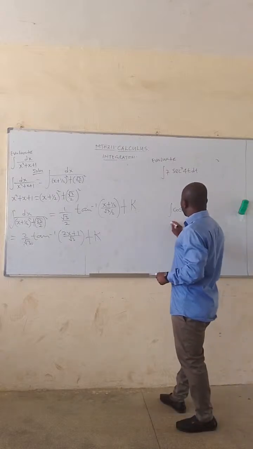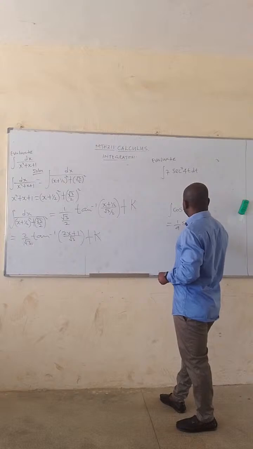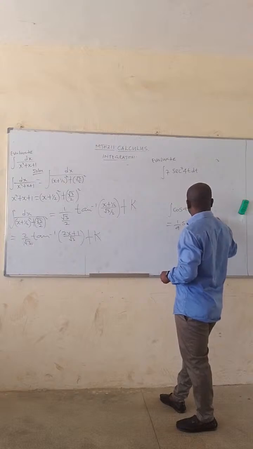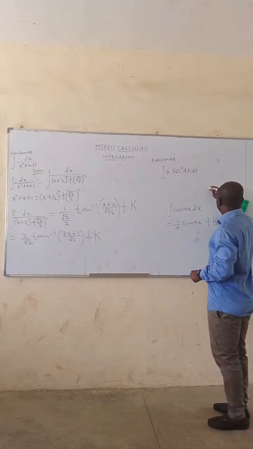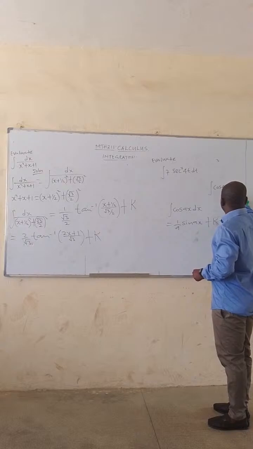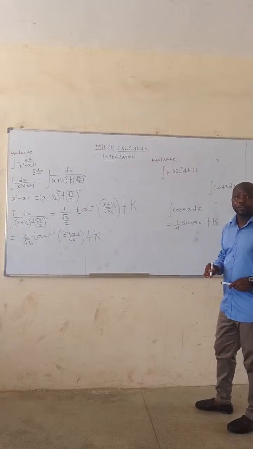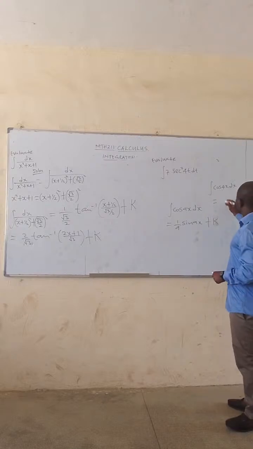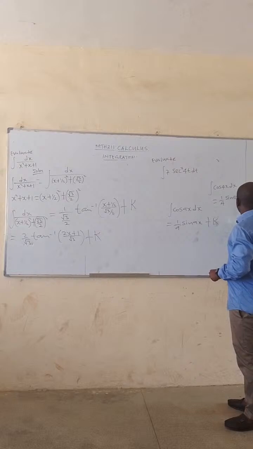So what you need to do, this one will give us 1 all over a sine ax plus what? A constant. So if assuming you have cos 4x dx, what are you supposed to have? Huh? Yes, 1 over 4 sine 4x plus what? A constant.